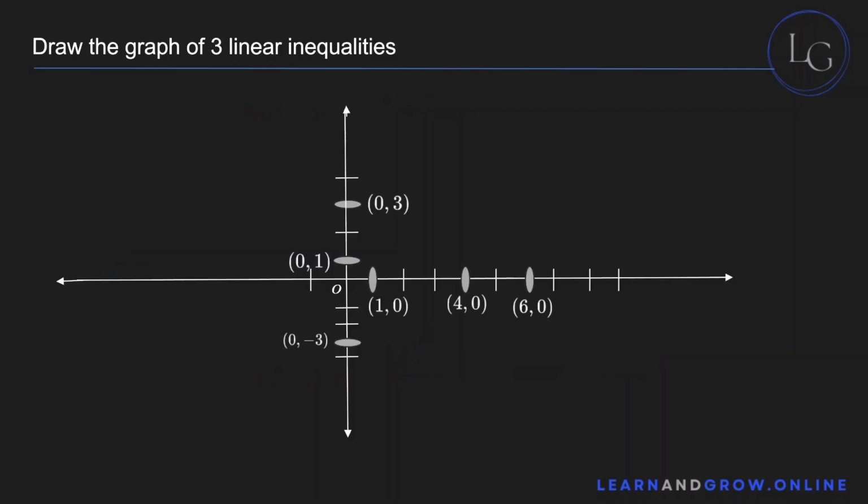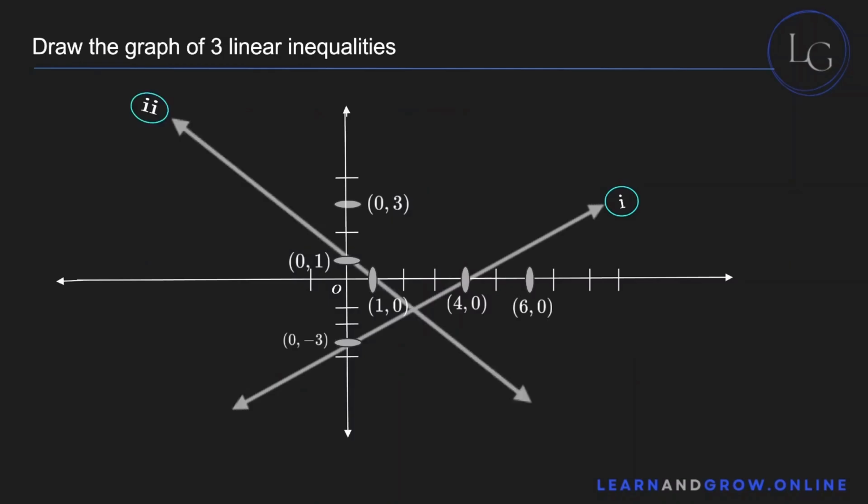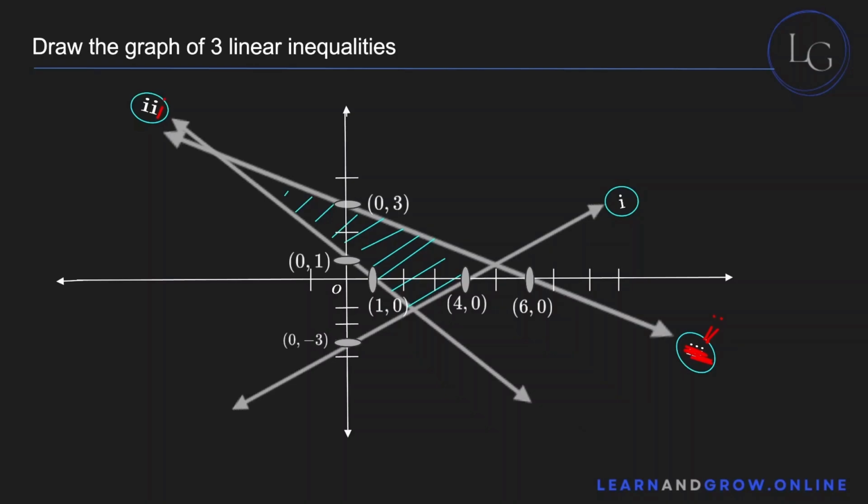So this is the line of the first equation, this is the line of the third equation. This is not the line of this, that's just another error, right? This is the graph of the third equation, and this is the graph of the second equation. Okay, this is the resultant, this is the solution set.